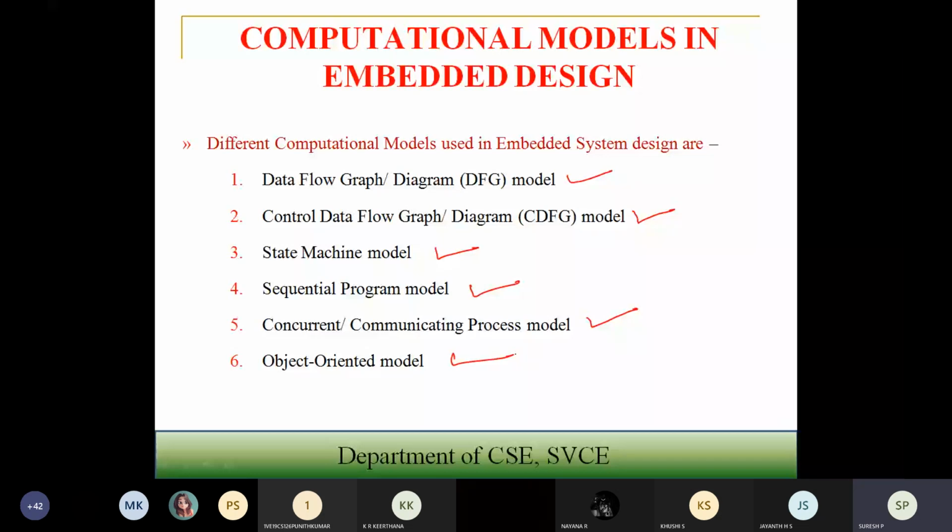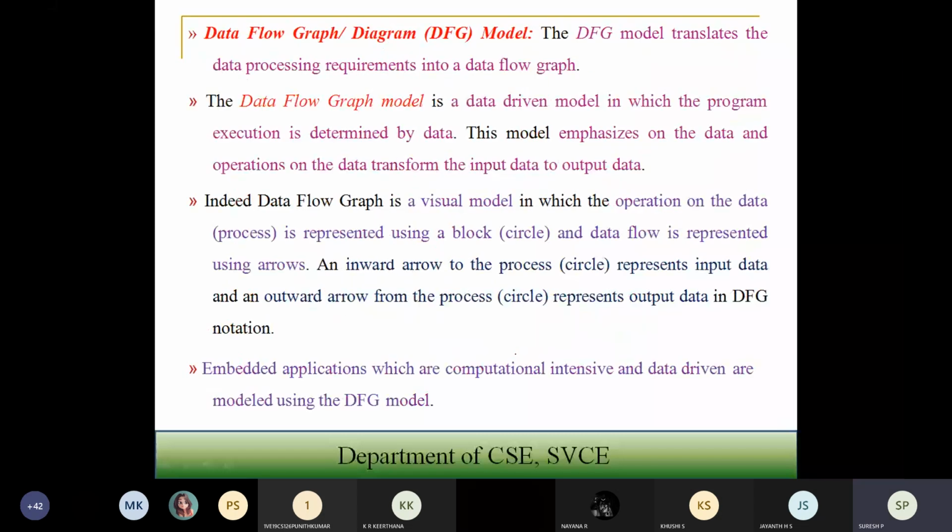So first comes the data flow graph model. In the data flow graph or diagram model, in some books they refer to it as DFD, and in some books they refer to it as DFG. Both are the same: the data flow graph or data flow diagram model.